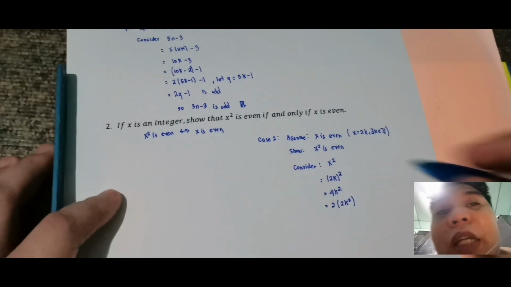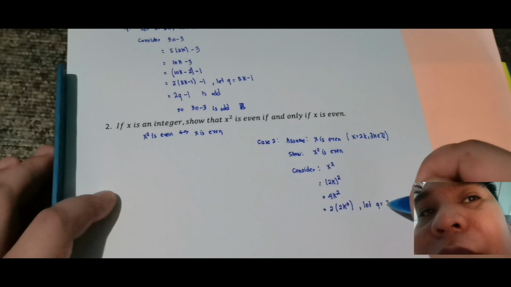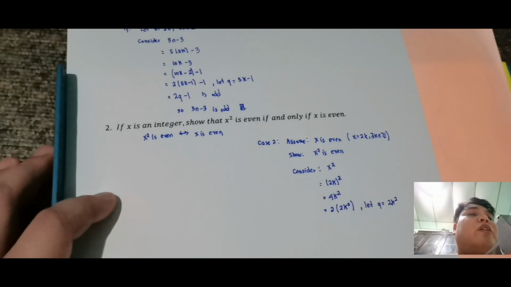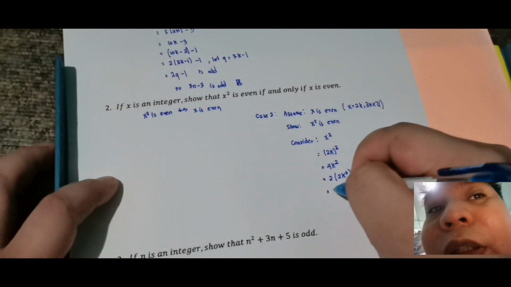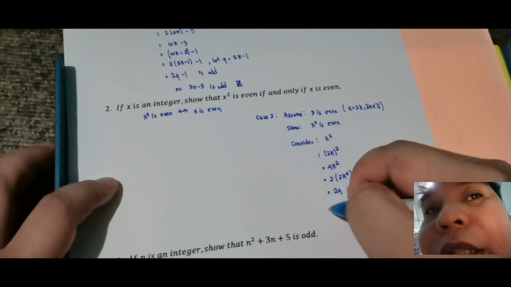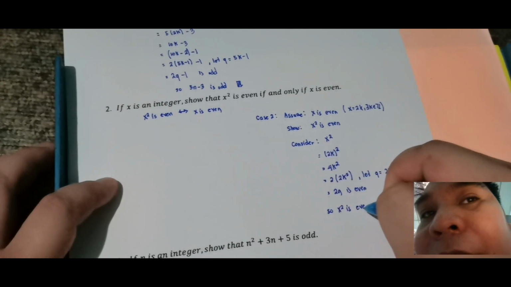Then let q = 2k squared. K is integer, k squared is integer, 2 times k squared is integer, therefore q is integer. So, this is equal to 2q, which is even. Okay, so x squared is even.